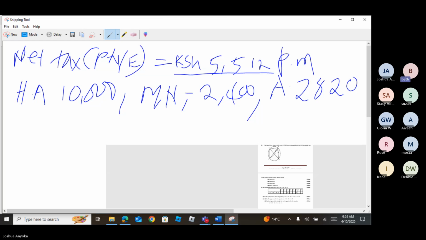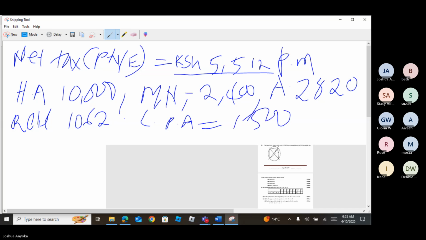He was entitled to a monthly personal relief of 1,062 shillings. He has a life insurance policy for which he pays a monthly premium of 1,500 shillings, and claims a relief at a rate of 10% of the premium paid per month.